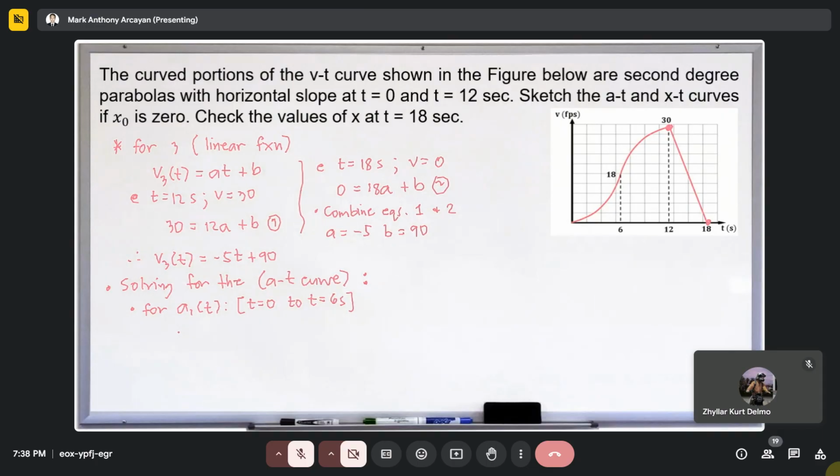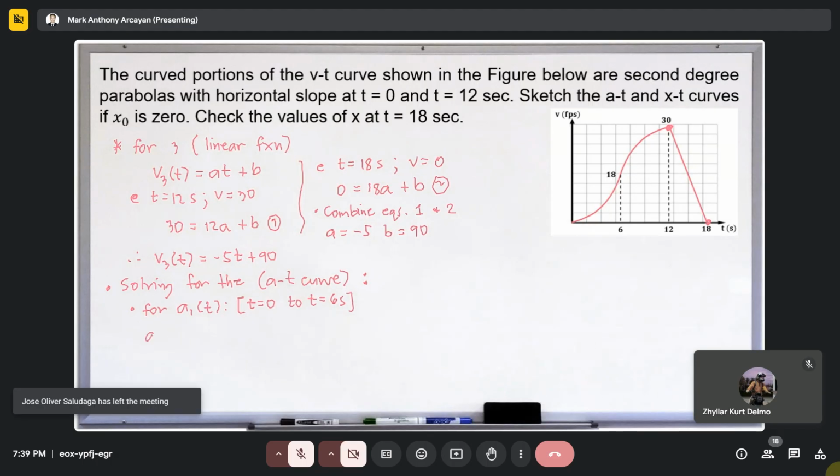Now, to solve for the acceleration function given the velocity function, are we going to integrate or differentiate? Class, what do you think? Okay, we're going to differentiate. Right. We take the first derivative, no?